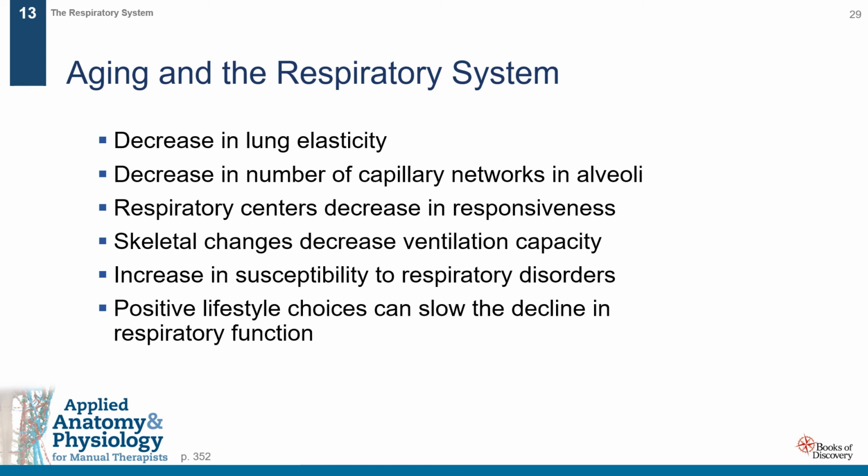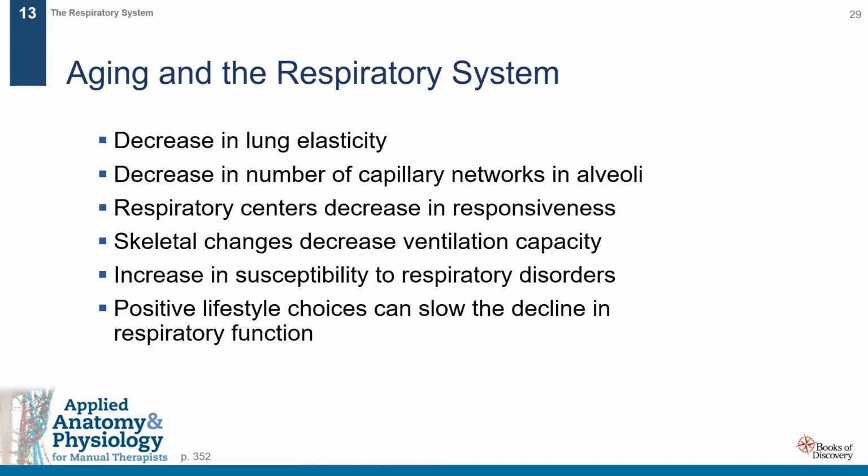Age-related changes in the skeletal system, such as osteoporosis and calcification of the costal cartilage, make the thoracic cavity more rigid, which decreases ventilation capacity. This rigidity of the chest wall may cause the respiratory muscles to weaken, further diminishing respiratory function.